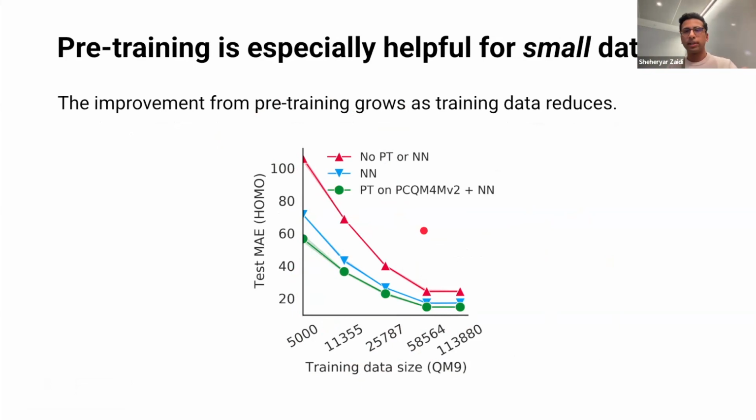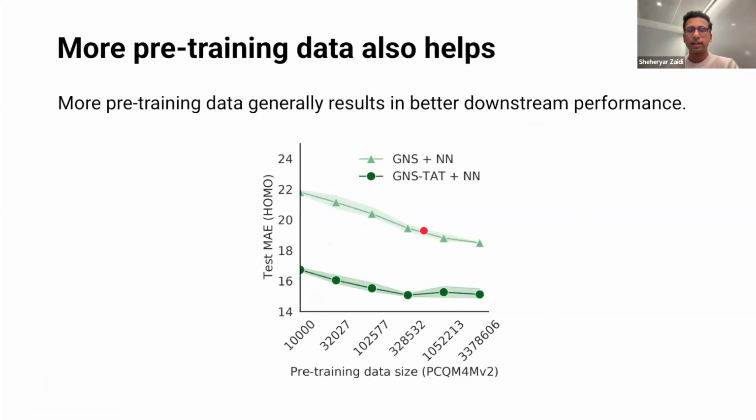So generally, with smaller data, we find that pre-training is more useful, which goes with the intuition. And also, if you have more pre-training data, that also helps. On the x-axis here, we're varying the amount of PCQ data we use, and at least for GNS, going even from 1 million to 3 million examples, there is an improvement.